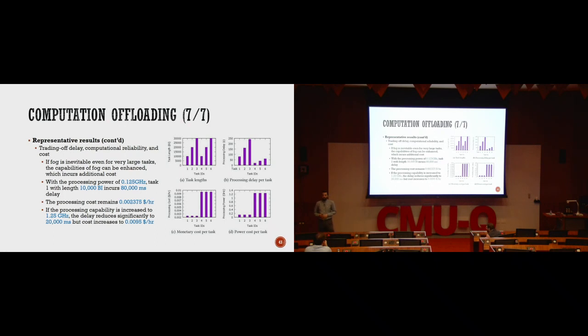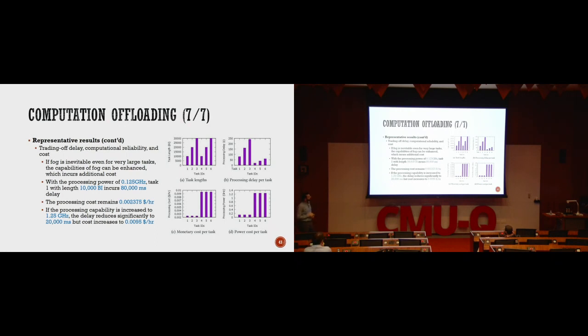It depends on how much you offer for every resource. So we are using Amazon EC2 for this cost analysis. We use the cost of Amazon EC2 to analyze how much it would be if we increase the capabilities from here to here. That's not what I'm asking. So you have 0.125 gigahertz. Yeah. You increase it to 1.25 gigahertz. That's 10 times faster.